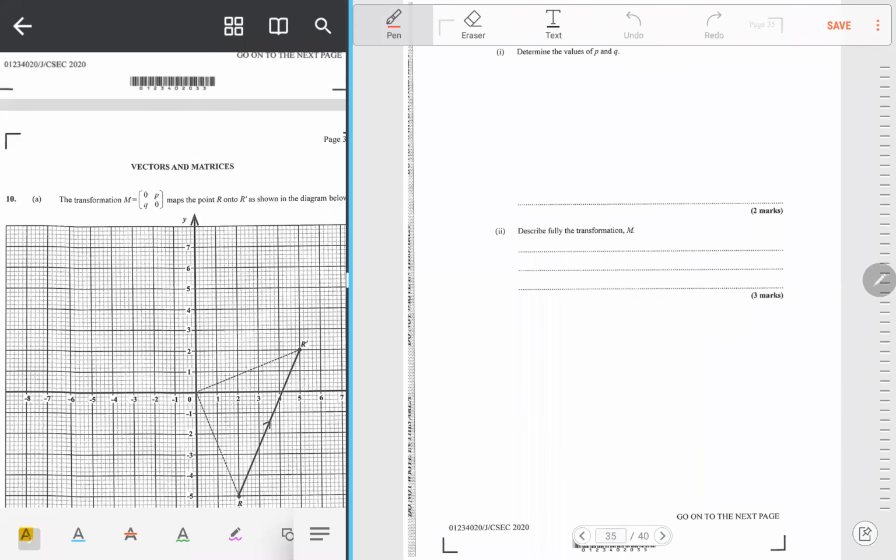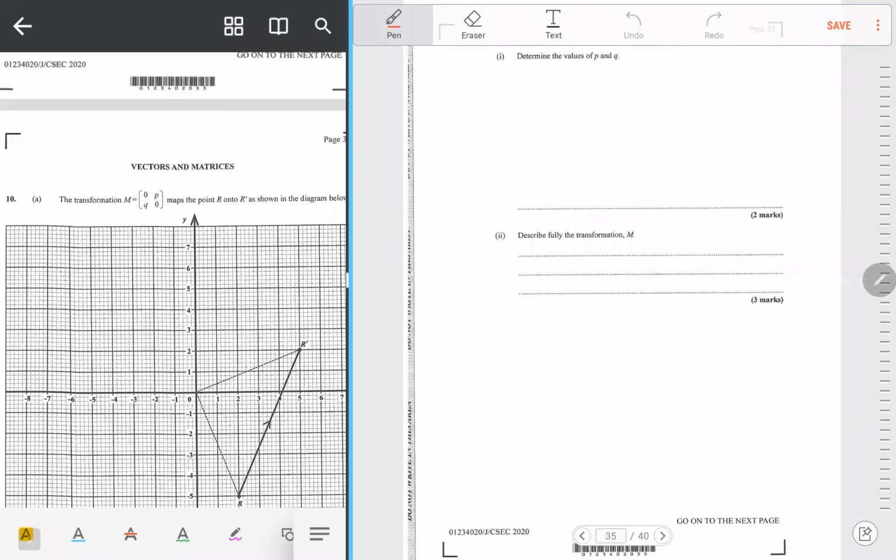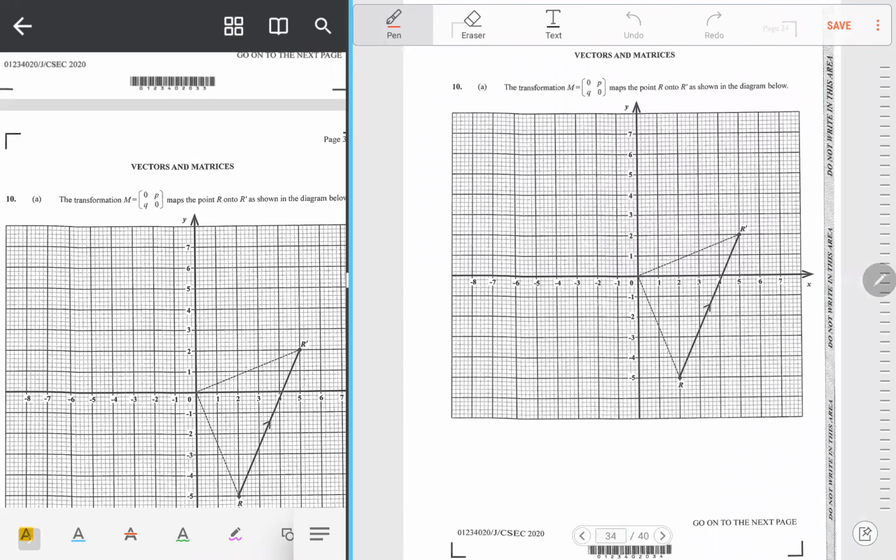I want us in the first part to determine the value of P and Q. So we can go back to the previous page and note the coordinates of the points, and use them to do the calculation.